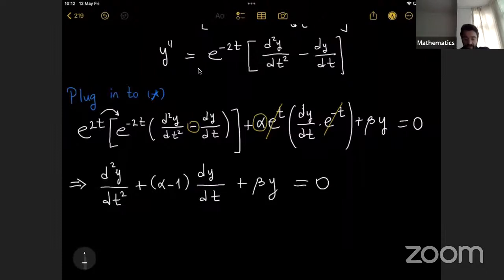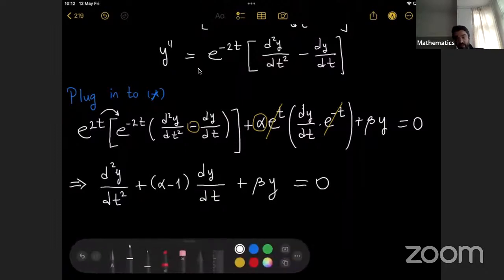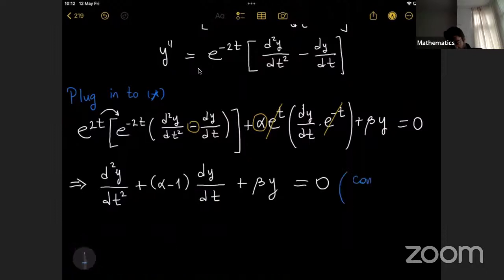The coefficients are constant now, so we can easily find the solution using the characteristic equation. So you see, when we modify star, when we replace x minus x0 by e to the t, we get a constant coefficient ODE.